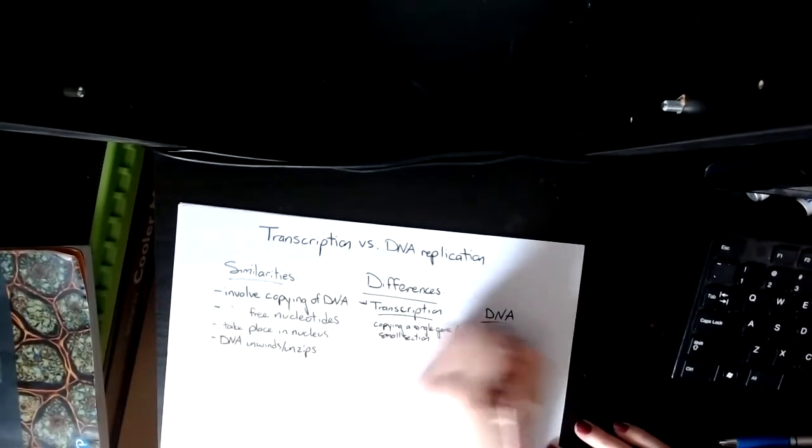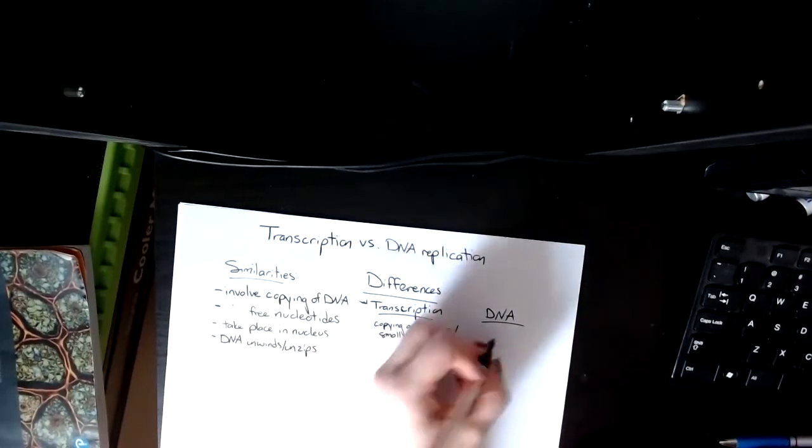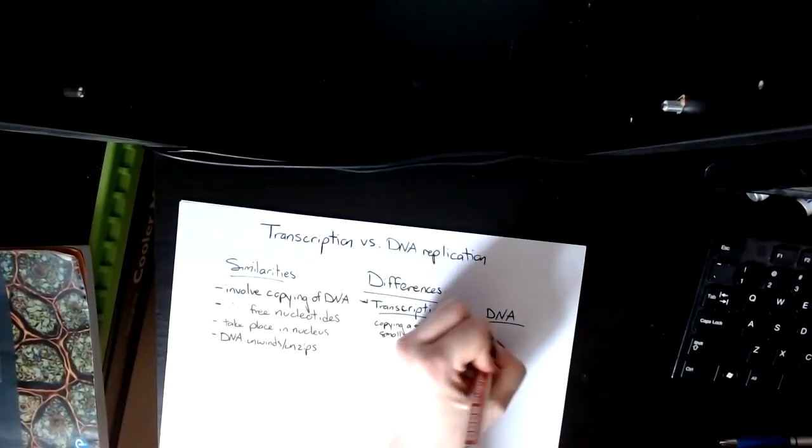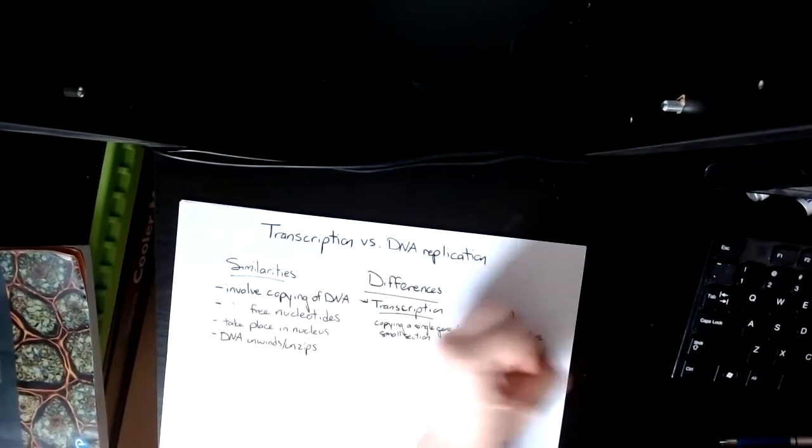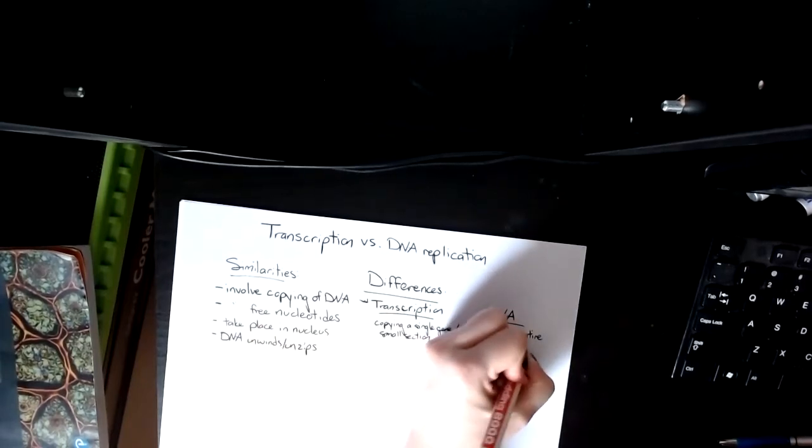Whereas in DNA replication, you're replicating the entire chromosome, or even the entire genome. So that's one of the big things.